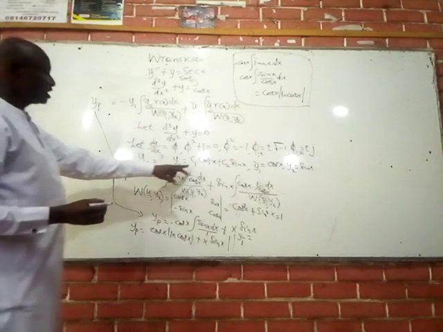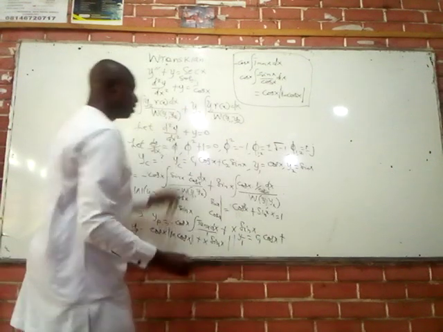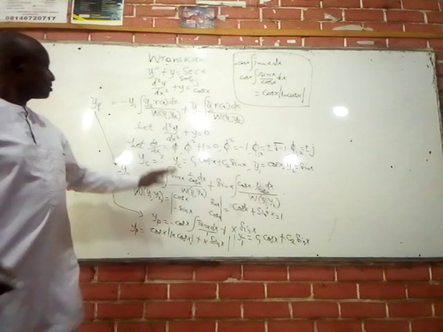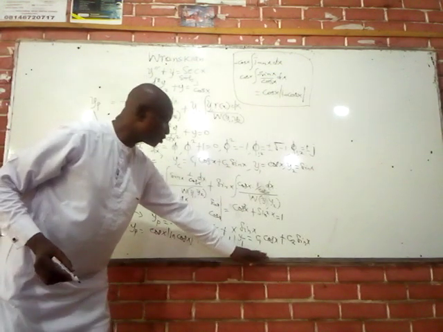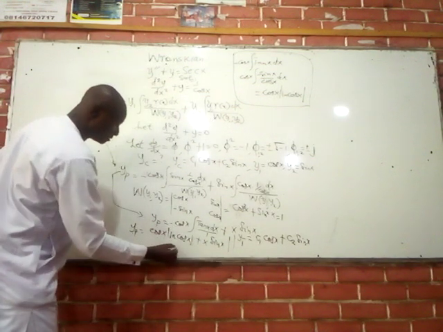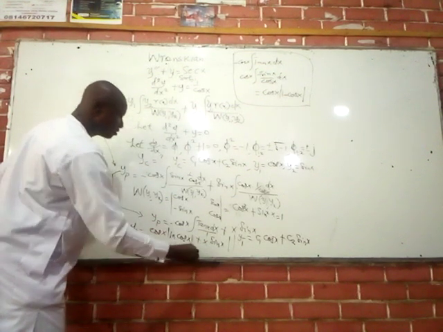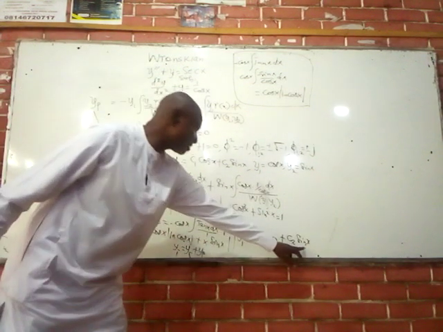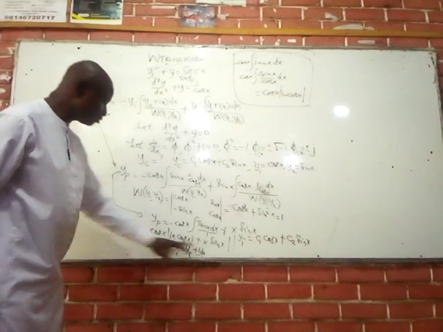And the y complementary is C1 cos x plus C2 sin x. That is, we are inserting the homogeneous solution, which is the complementary function solution. As you know, y total in a differential equation is equal to y complementary plus y particular. So the complementary part is what we have inserted here, plus the y particular, the particular part of it, which is from here to here.